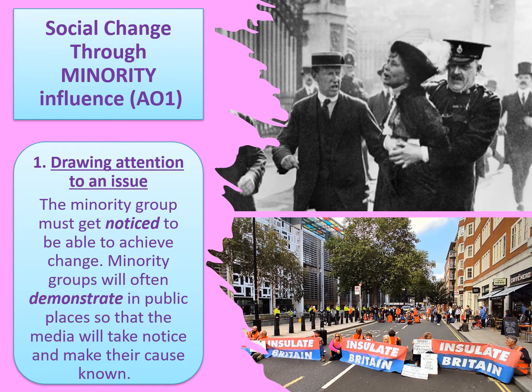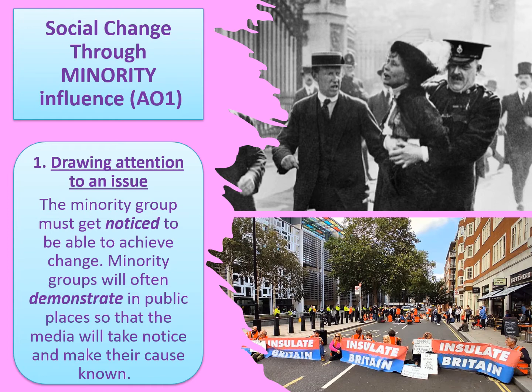So both of these groups, and all minority groups, might demonstrate, because that will get media attention. It means that their cause will get known. This is big scale stuff, but it could be large scale or small scale. It might be within your college, where people are trying to persuade others to reuse their cups in the canteen because they're worried about the waste of paper cups.